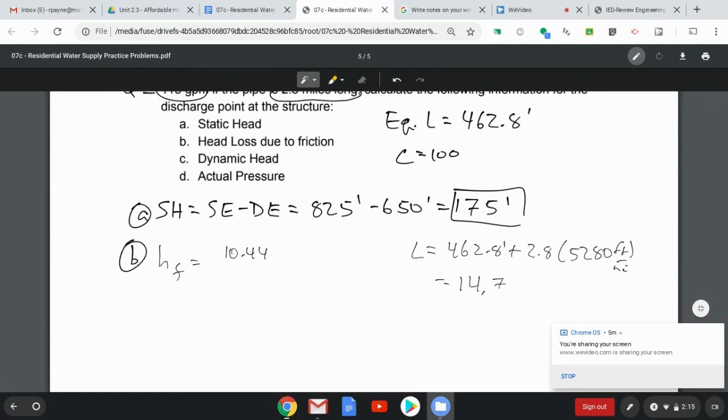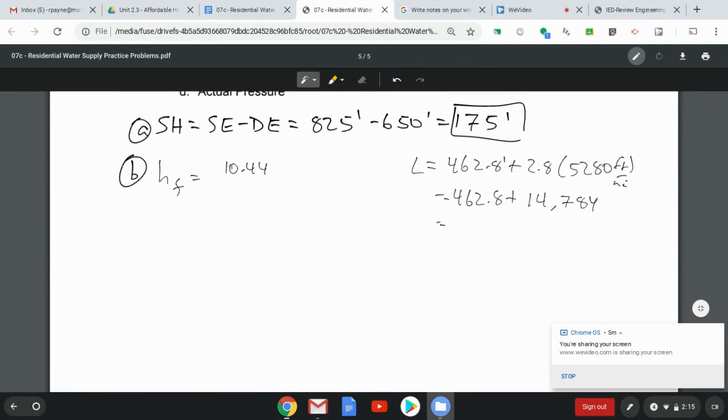Let's double check that. So we have 462.8 plus 14,784, which means L is a total of 15,246.8 feet. So that's what goes in right here.